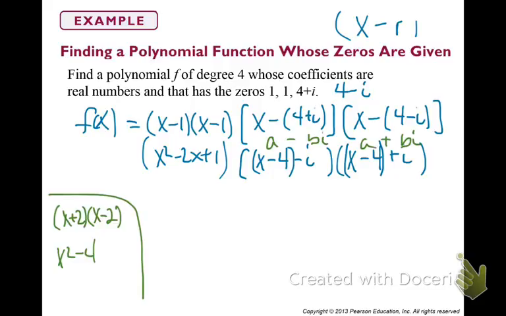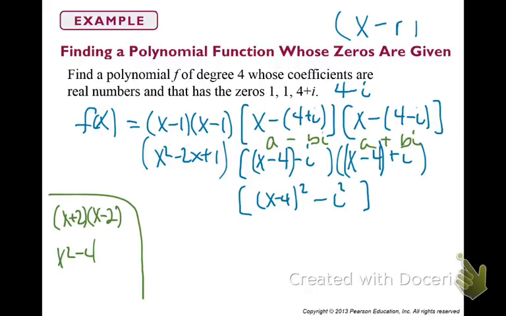So my a times my a is going to be my x minus 4 squared. And then our outer and our inner are going to cancel out, just like they canceled out over here. And then I'm going to have minus my i's. That would give me minus i squared.